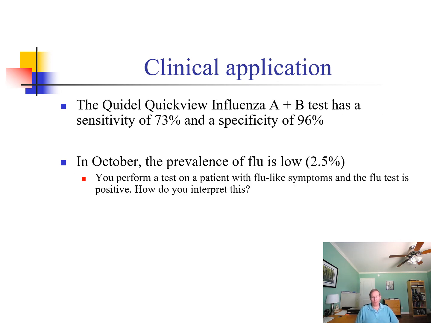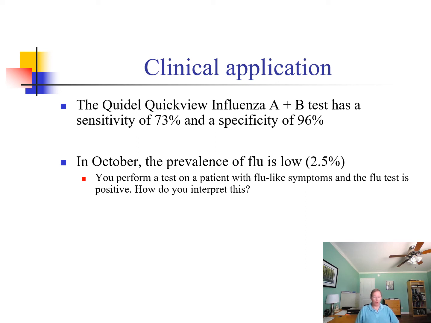Let's give a more typical kind of example. People have influenza. Let's say that the influenza time is in the winter time and it sort of peaks, let's say, in January. Somebody comes into your office in October, and the prevalence of flu is low at that time, about 2.5%.